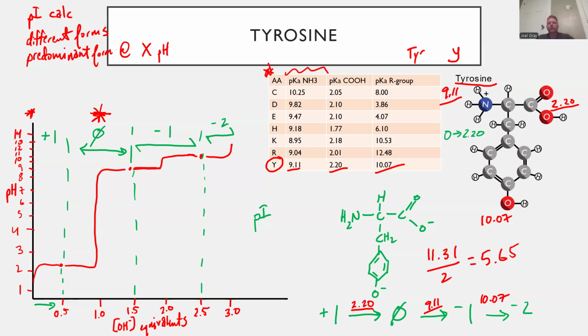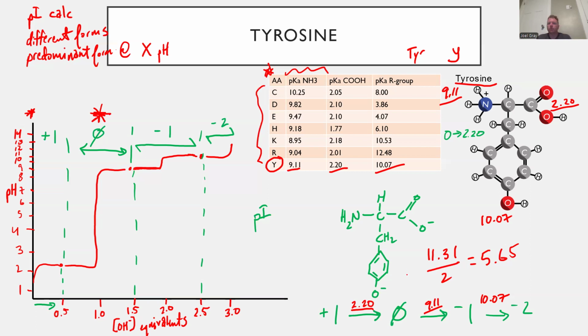And so over the next few slides, I'm leaving those open for you to practice. What I would recommend doing is practicing calculating all of these pIs, determining, based on the pKa values, what the possible charges are. Draw that molecule and the possible charges that it can take.